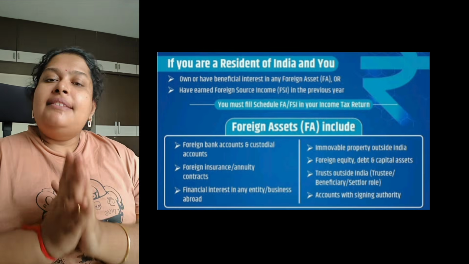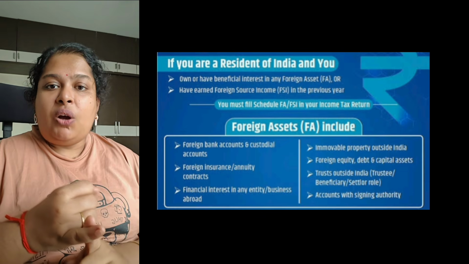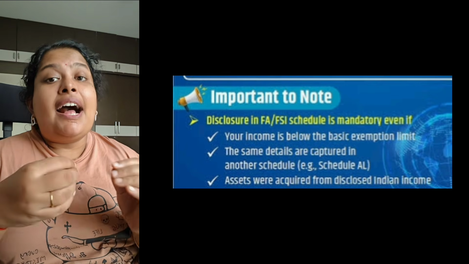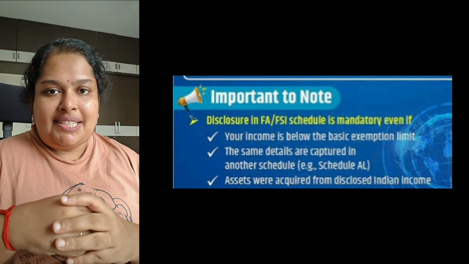taxes. Now, let's understand Schedule FA. FA stands for Foreign Assets. Schedule FA is a disclosure schedule in the income tax return where eligible taxpayers report assets located outside India. This may include foreign bank accounts, foreign company shares or ESOPs, foreign mutual funds, foreign partnership interest, foreign trust, foreign immovable property, and other specified foreign financial assets.